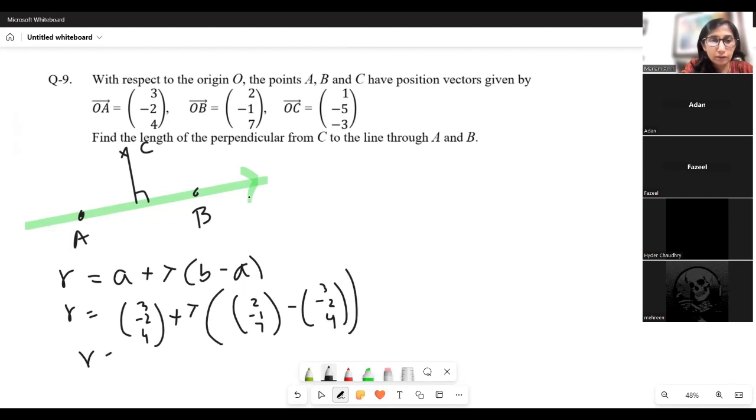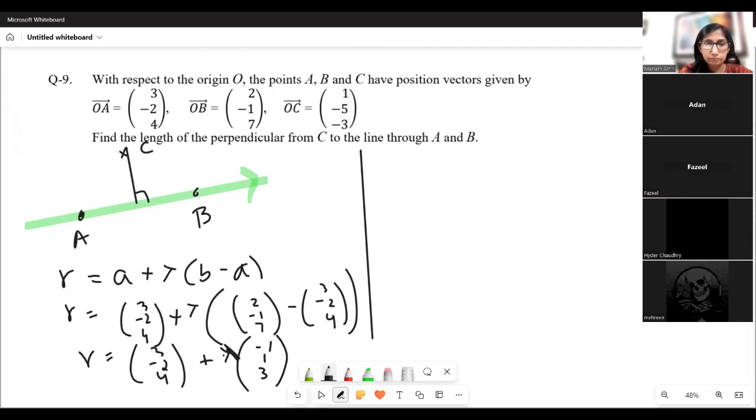So we have r is equal to 3, minus 2, 4, plus lambda times minus 1, 1, and 3. All right, that's r, the vector equation of the line passing through A and B.